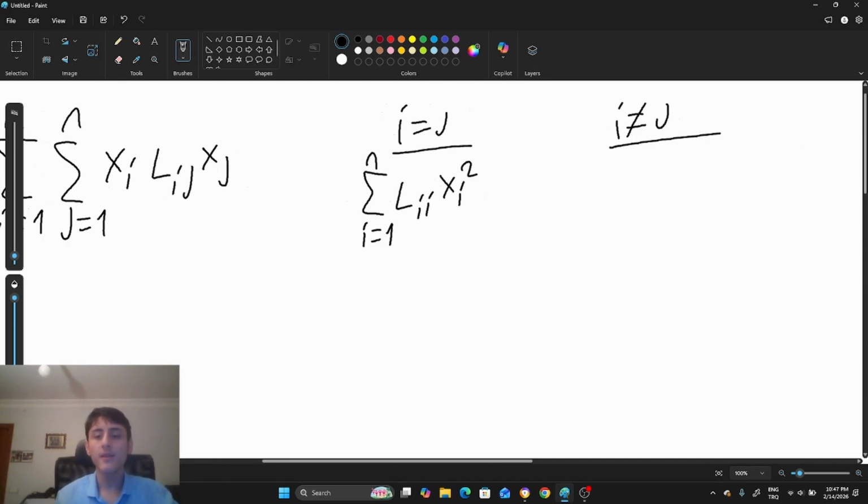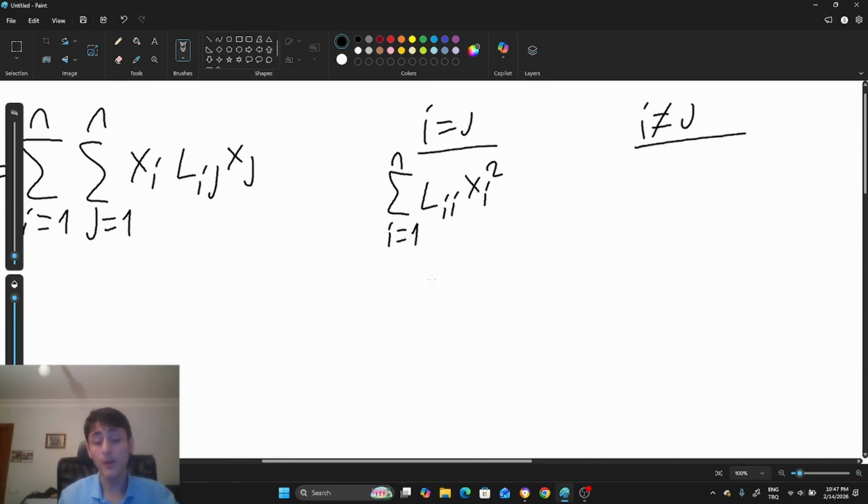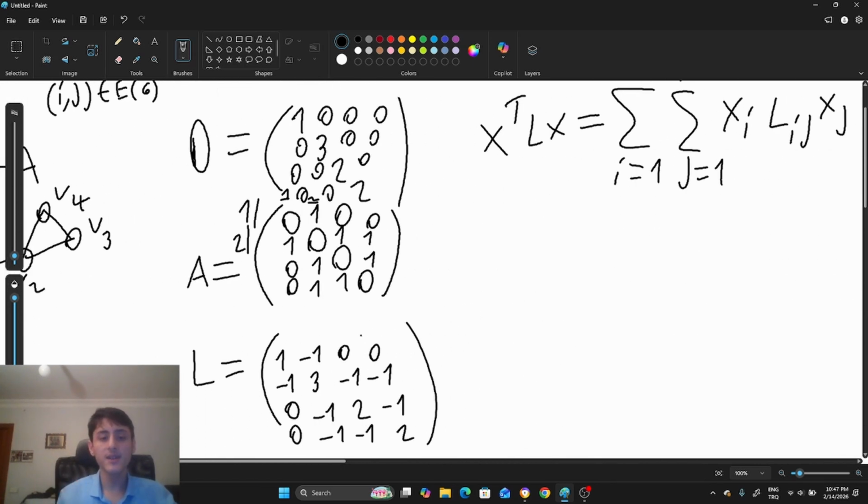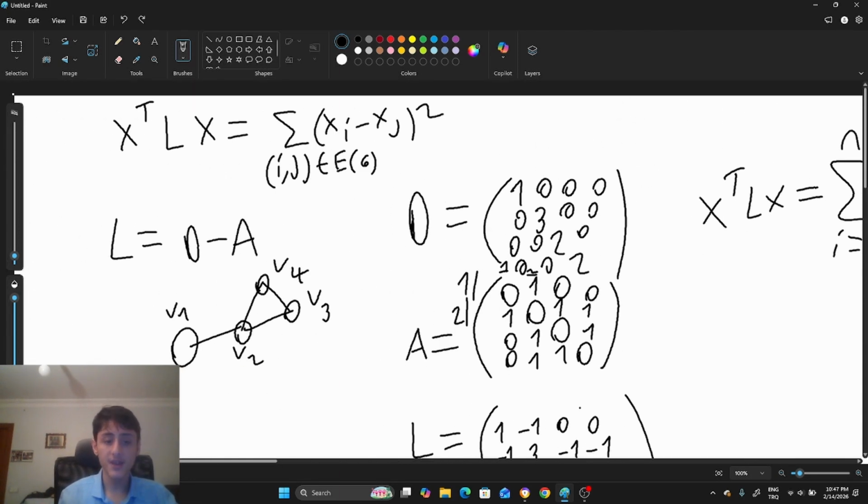Cool. Then we can write this as the sum over i equals 1 to n of the degree matrix, actually let's use small d_i, xi squared. Why did I write d instead of l? Well, because the diagonal of the adjacency matrix is always going to be 0 by definition.